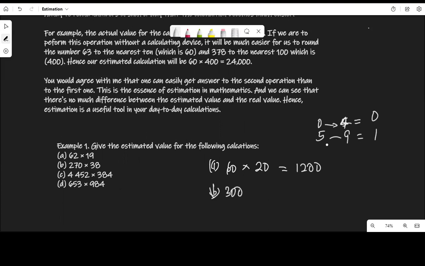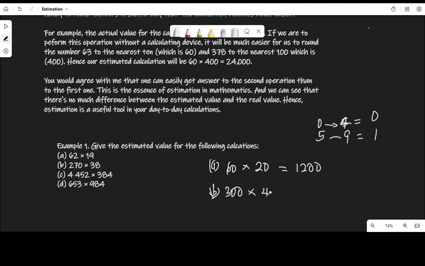7 is in this range. Any number from 5 to 9 rounds to 1, then add the 1 to the next digit. So 7 rounds to 1, and 1 plus 2 is 3. That makes 270 to the nearest 100 become 300. And multiplied by 38 to the nearest 10: 8 rounds to 1, and 1 added to 3 is 4.